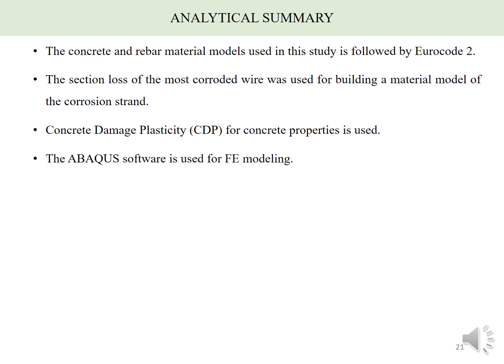To summarize the analytical study, the concrete and rebar material model used in this study follows Eurocode 2. The section loss of the most corroded wire was used for building a material model of the corroded strands, concrete damage plasticity is used for concrete property, and the Abaqus commercial software is used for finite element modeling.